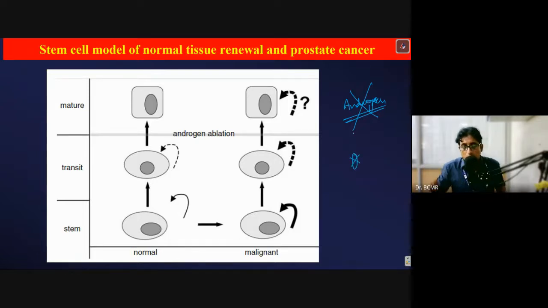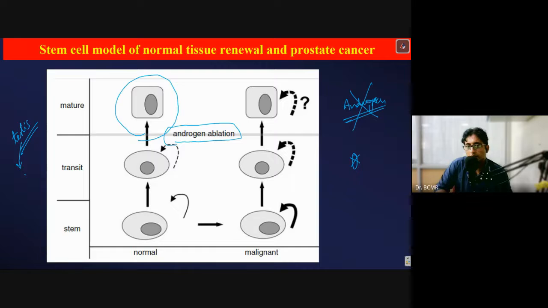That's a good logical way to prevent or control prostate cancer. So in the earlier days they would have performed castration. Castration is removal of the testis. If the testis is not present, testosterone may not be present, and because of which the mature cells will die at a faster rate.